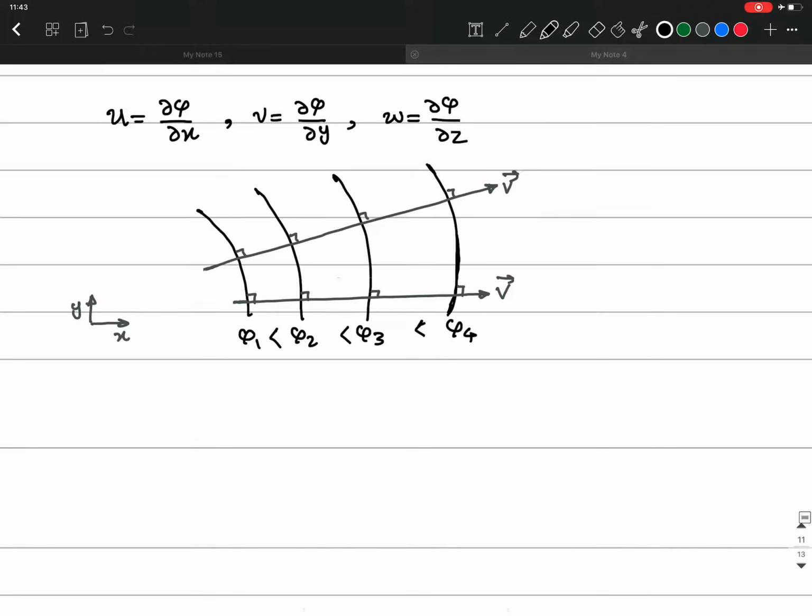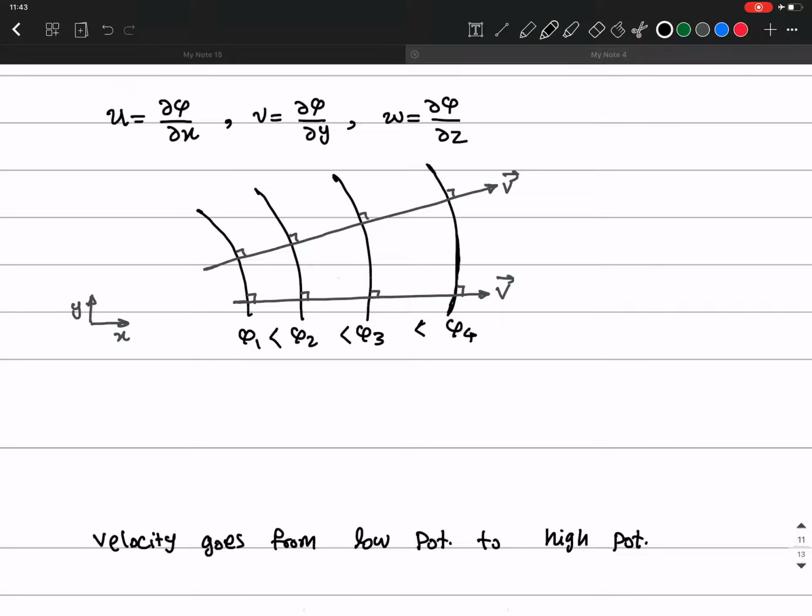So what happens is that velocity goes from low potential to high potential. This is how we define the velocity potential. So when the potential is higher, the velocity goes from those low potentials to high potentials.